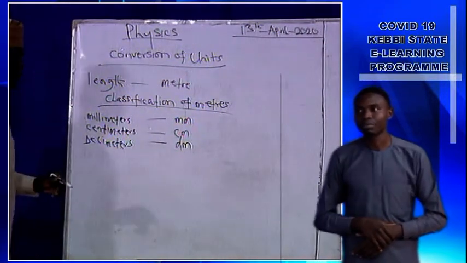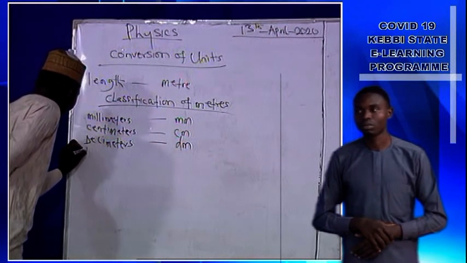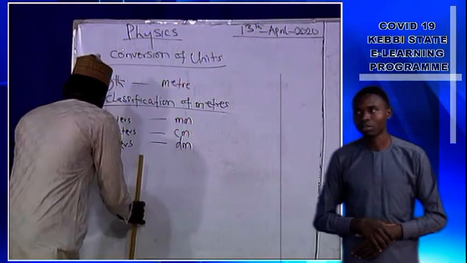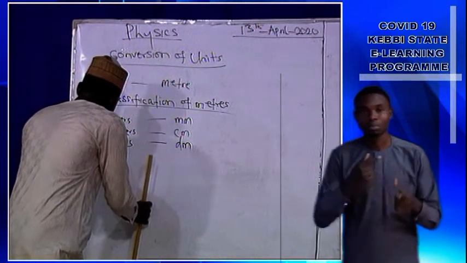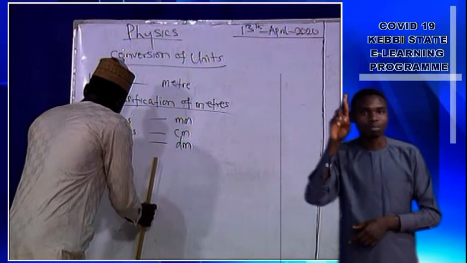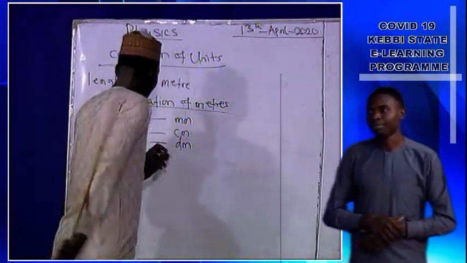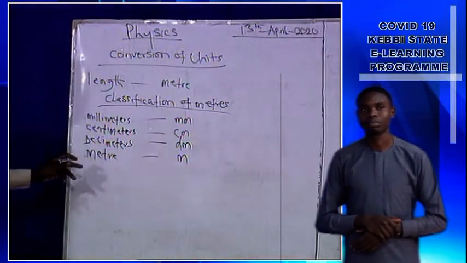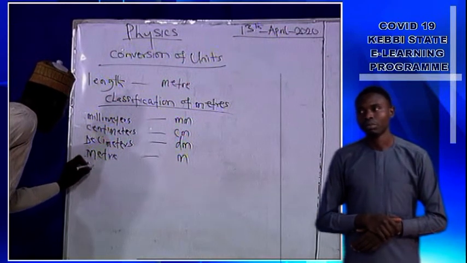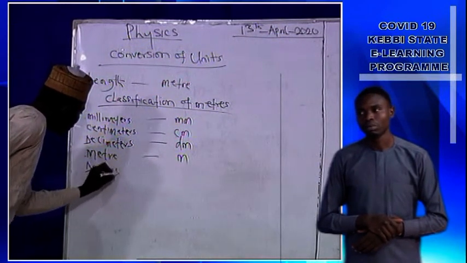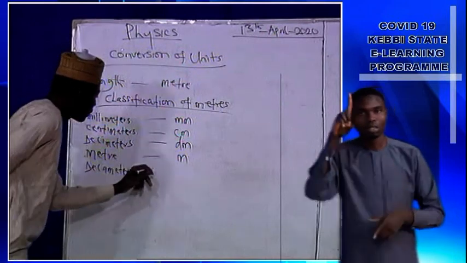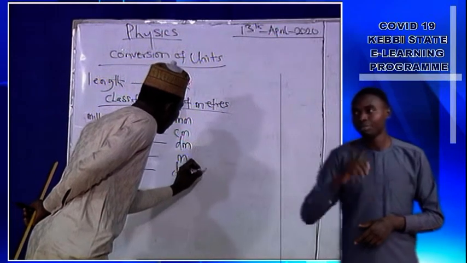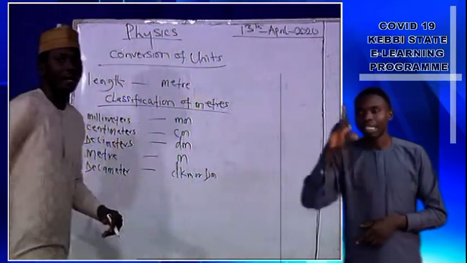Before decameters, we have our standard, which is the meter, with a symbol of m only. After meter, we have decameter, which has a symbol of dam.